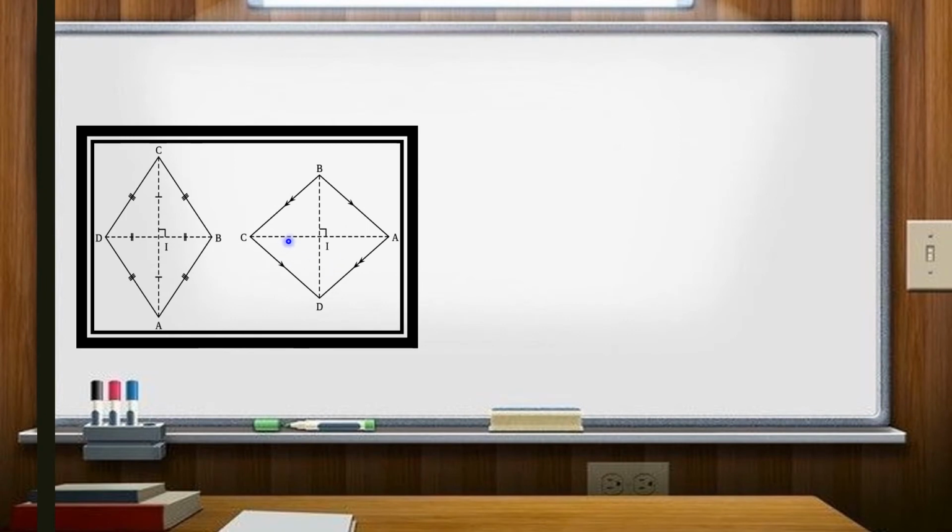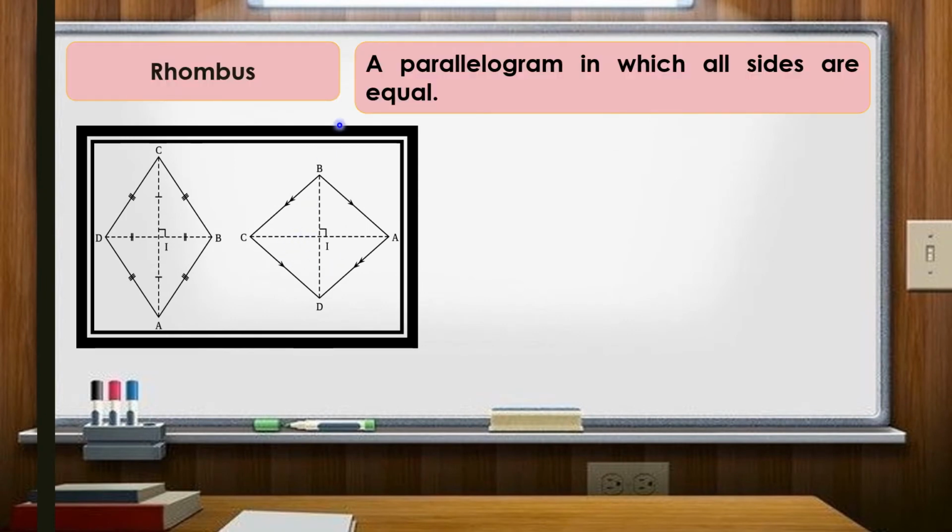As you can see in the picture, this is an example of a rhombus. What is a rhombus? A rhombus is a parallelogram in which all sides are equal. As you can see in this part, AD, CD, CB, and AB are all equal. And it also has diagonals which are perpendicular bisectors. So the perpendicular bisectors here are CI and line AC.